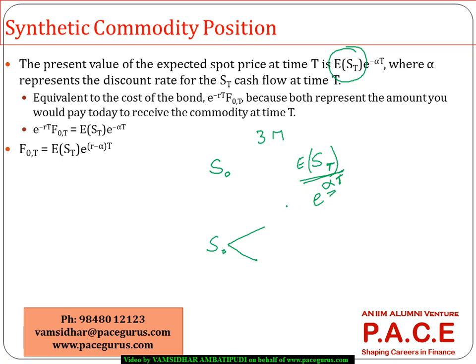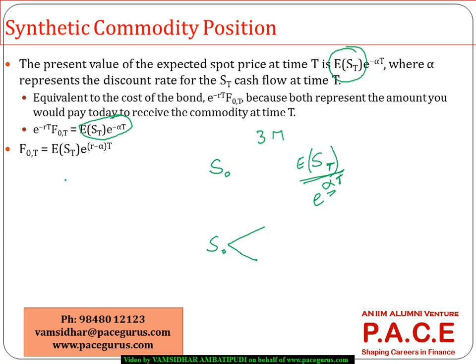Let's say I'm holding gold, right? A commodity. Probably it's a risky commodity whose price can go up or go down. So what we are saying is, whatever is the expected price, discount it at some rate of return. That is what we are typically calling as the current price of that commodity.